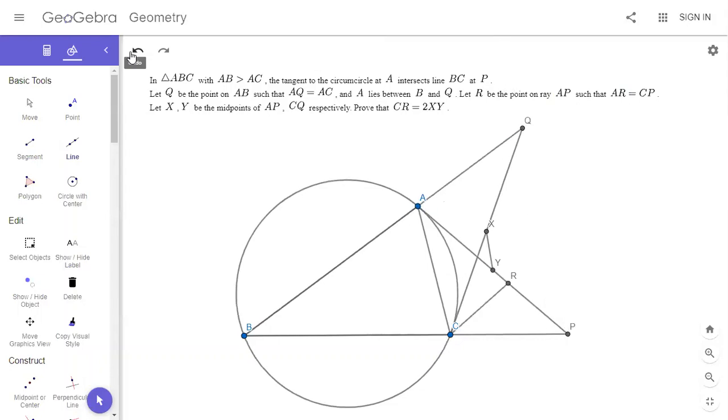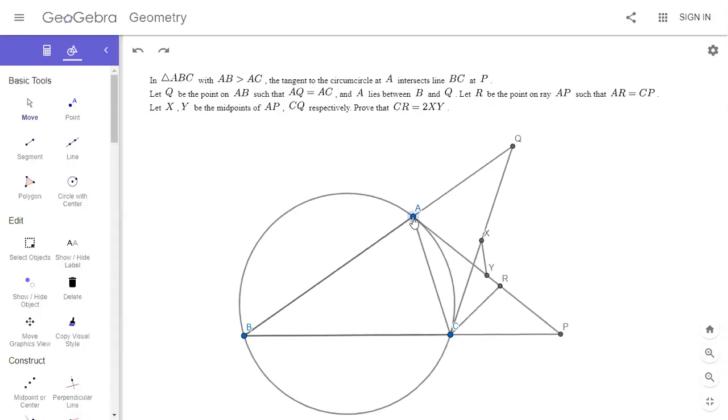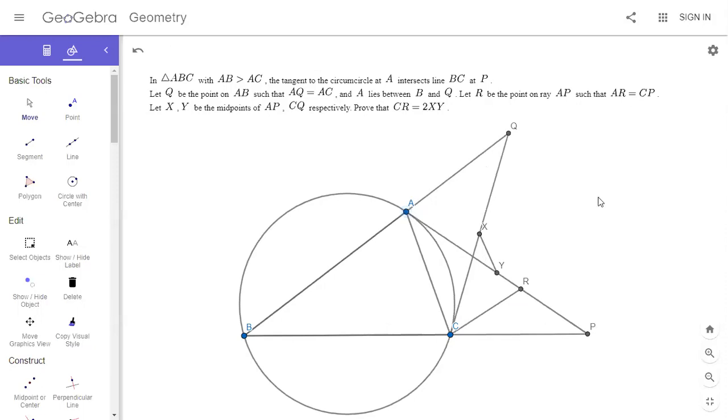That's an interesting idea. Yeah, maybe I could, let me try color coding some stuff just for fun.